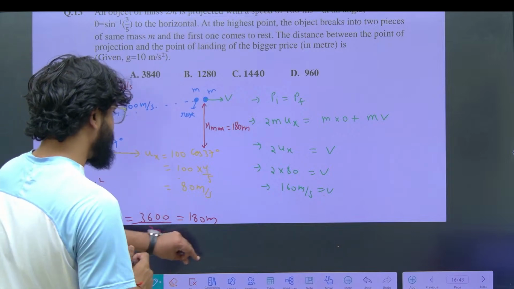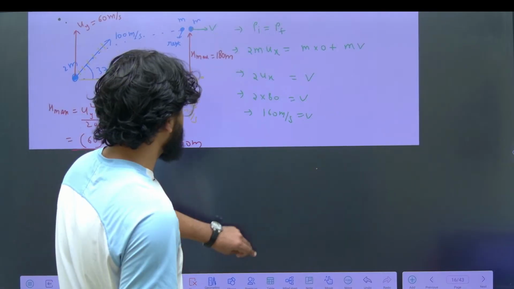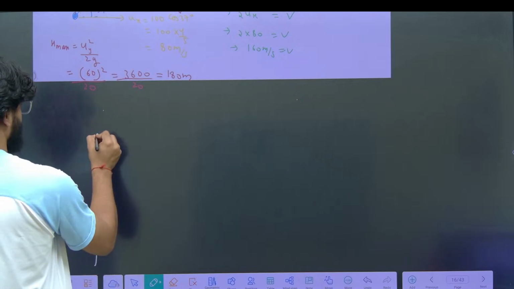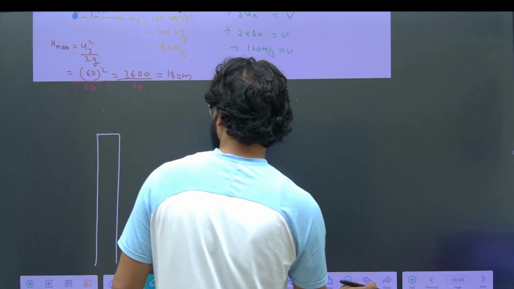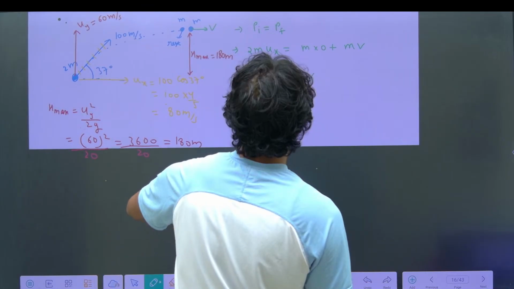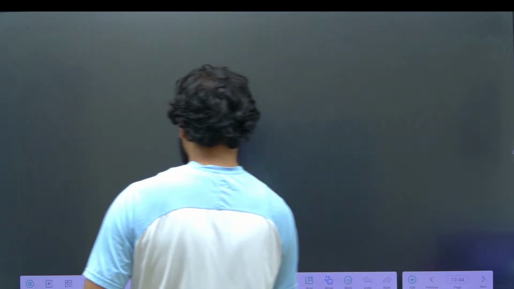Okay. After that, this is nothing but a tower problem, correct? Or we can do this on next page, okay, so that you will be able to see it clearly.